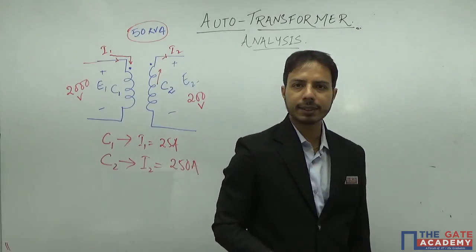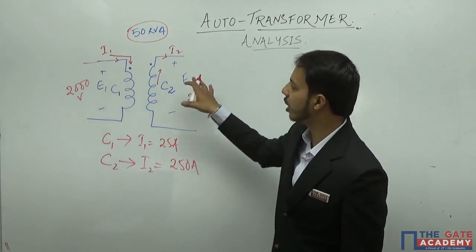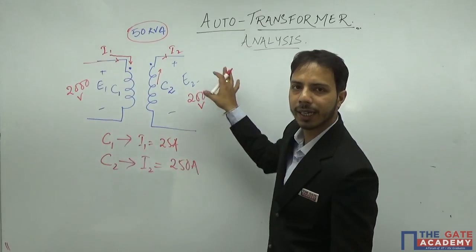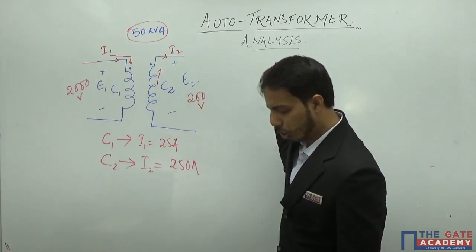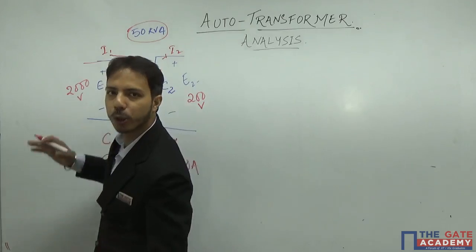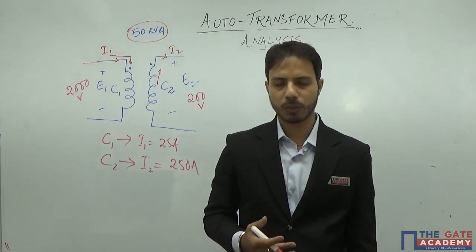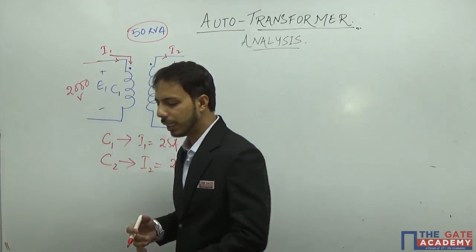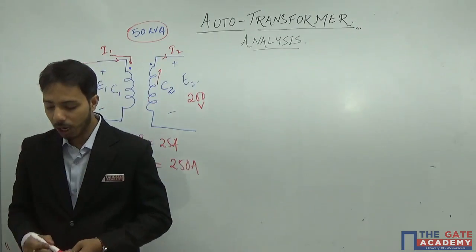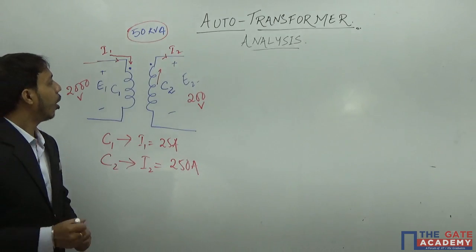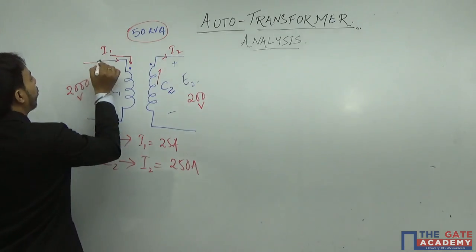Now let us say that I convert this particular two-winding transformer connection to an auto transformer. Now here is the thing, I have many options. How many ends are here? Let us name these points.